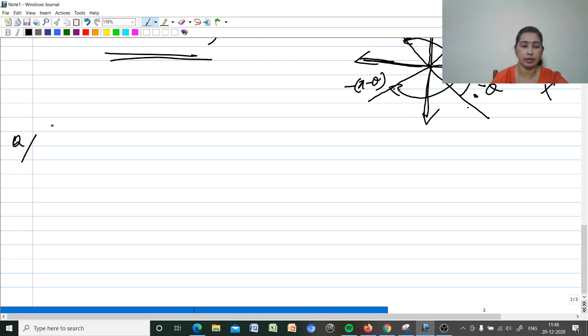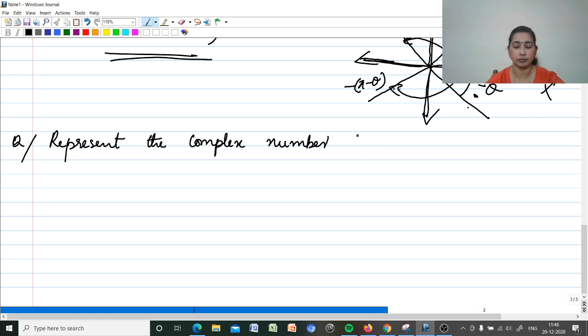Question: represent the complex number z equal to 1 plus i root 3 in the polar form.